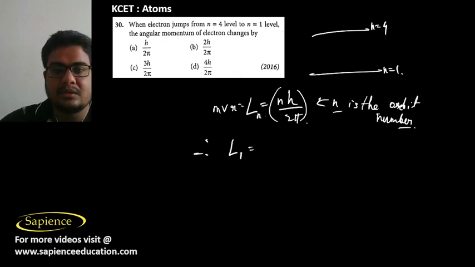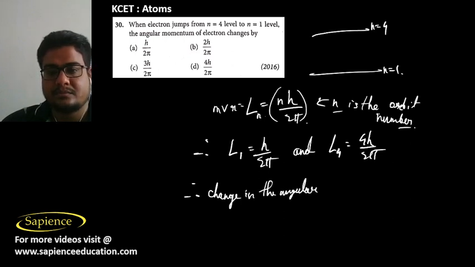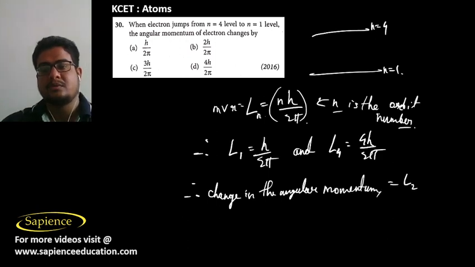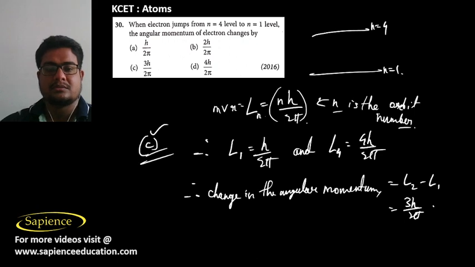So L1 equals h by 2 pi, and the angular momentum in the level n equal to 4 equals 4h by 2 pi. So the change in the angular momentum equals L4 minus L1, which is 3h by 2 pi. So option C is the correct answer.